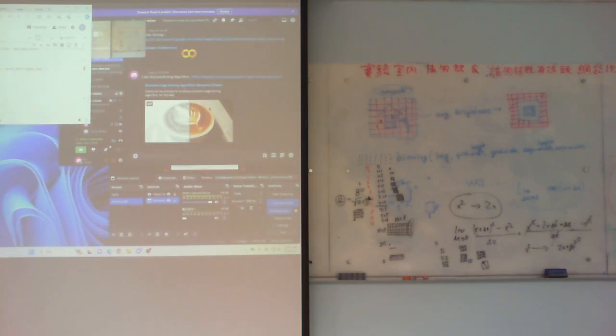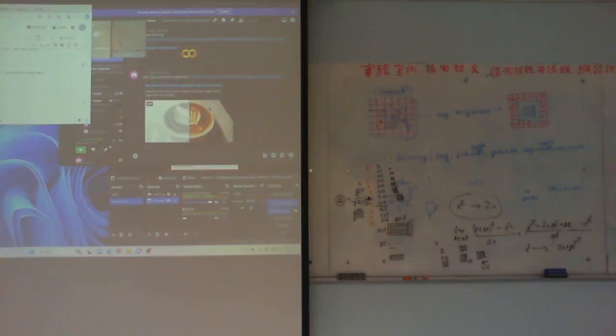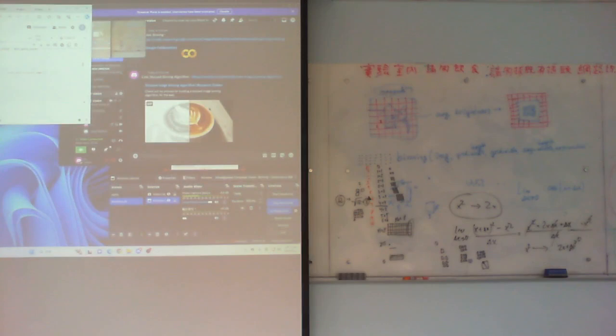Then the level max should be, so now I have level min, and that's always a square now.